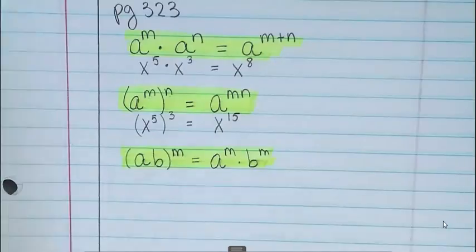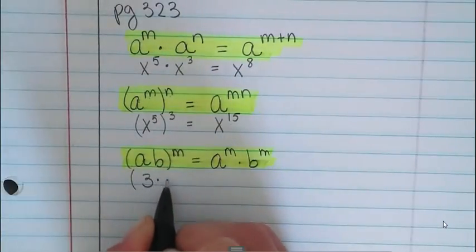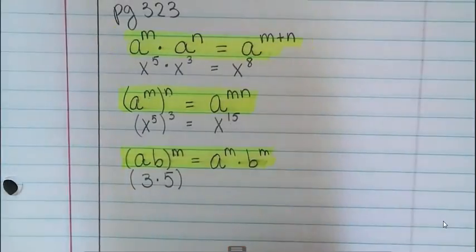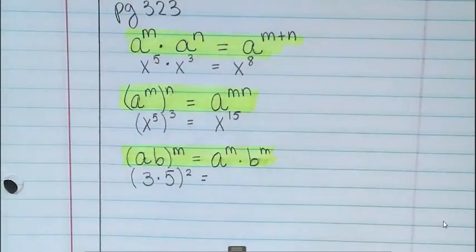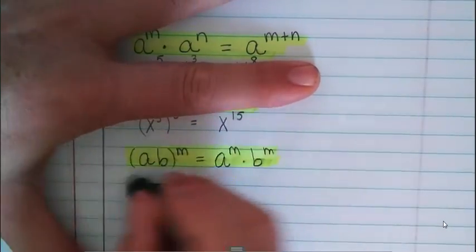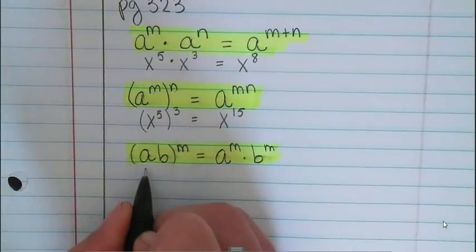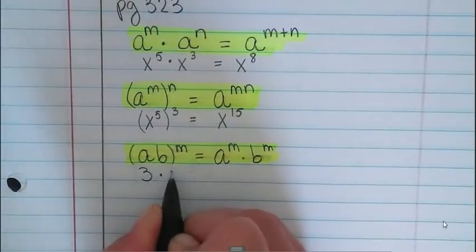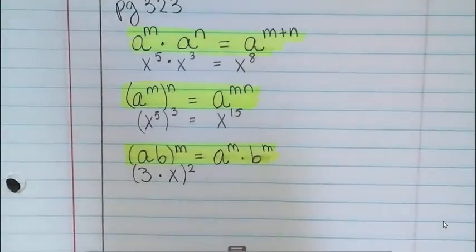And so an example of that, maybe I have 3 times 5 squared. I don't like that example. Maybe I have 3 times x, squared.